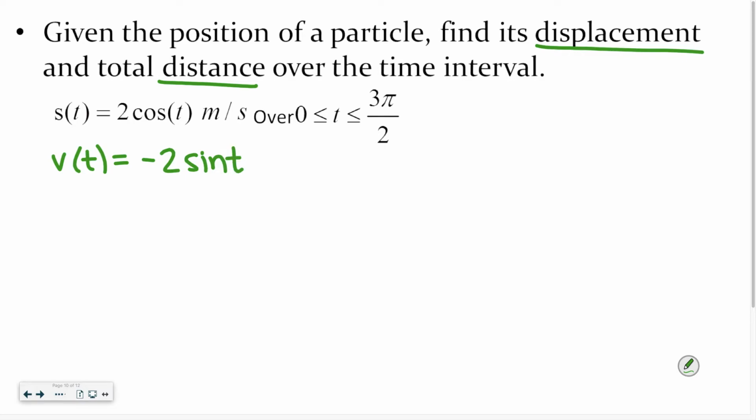Okay. Let's vote. How many of you would like to do distance first? How many of you would like to do displacement first? How many of you could care less? There we go. We'll do displacement first because I saw 3 hands compared to 1.